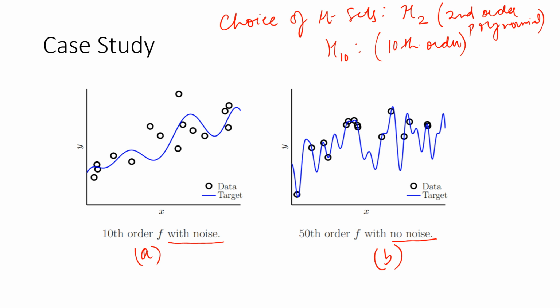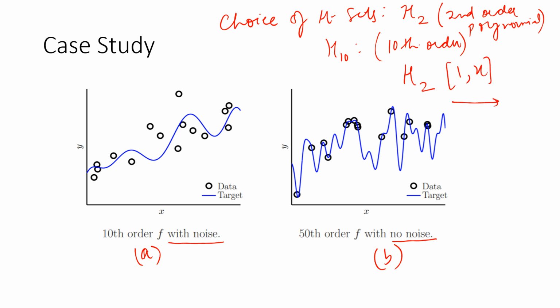And how do we get these? Well, just get the appropriate order polynomial transform. For example, for H2, this is one-dimensional data that we're looking at, so the input is 1 and x.